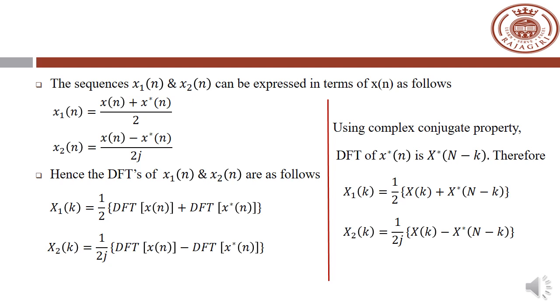And X2 of k is given by 1 by 2j into X of k minus X conjugate of N minus k. So, by calculating only one DFT, which is X of k, and using a few computations for X conjugate of N minus k, we have found out two DFTs, which are X1 of k and X2 of k.